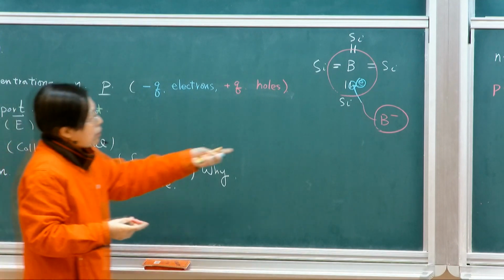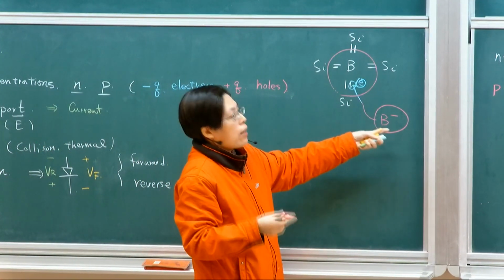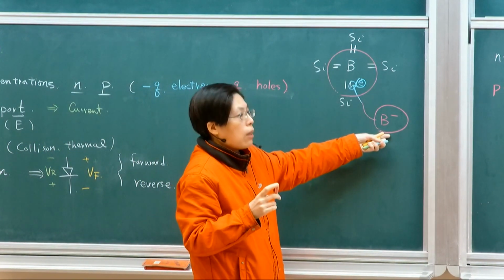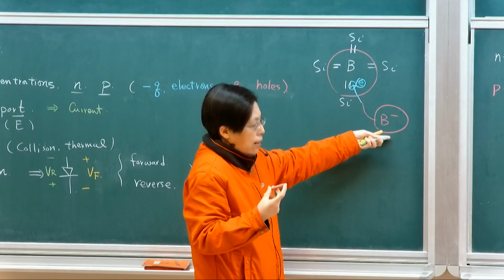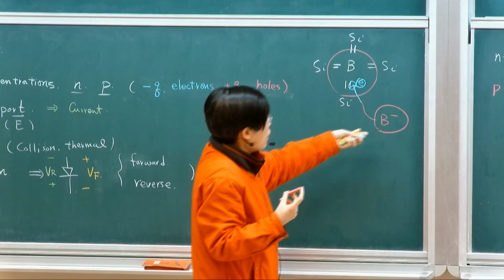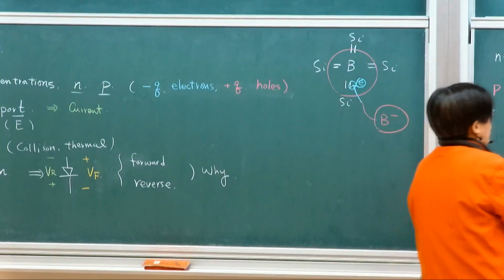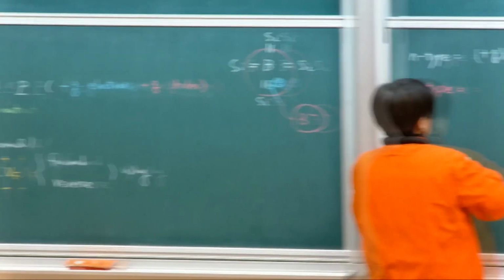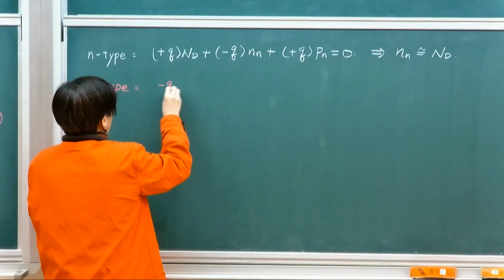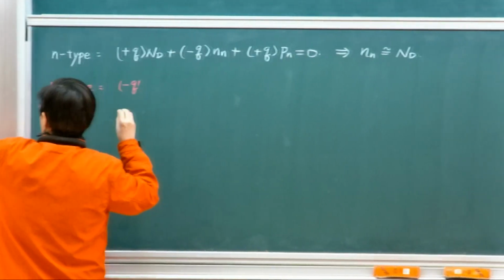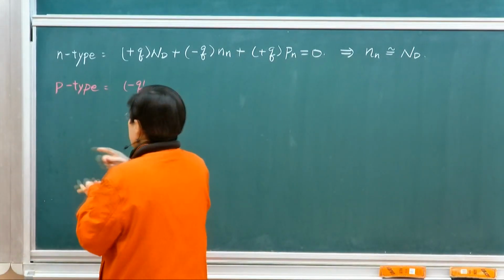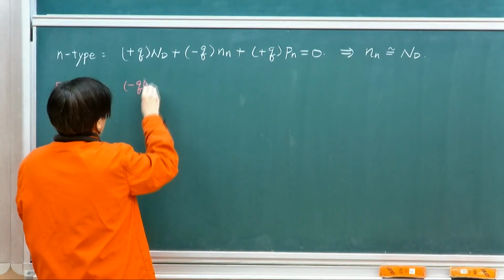So for p-type, you have to recognize that your acceptor dopants, when ionized, will become a negative charge. Remember this boron accepts an electron in its empty seat, and it becomes negative charge.